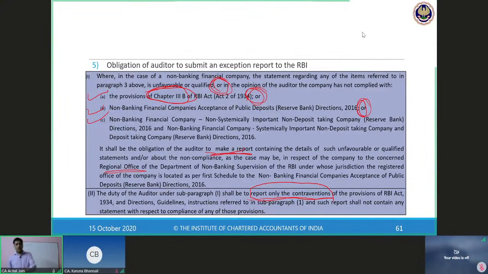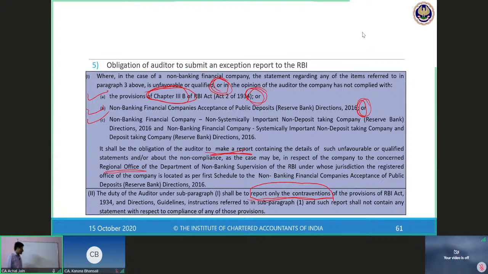So the reporting requirements which we just saw in case of point number 3. Let me look at point number 3 and see which of the points may get captured there. I'm talking about 3A now, and then we can move on to point number 3B.